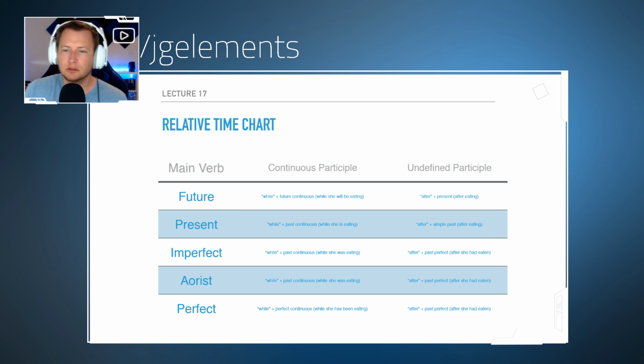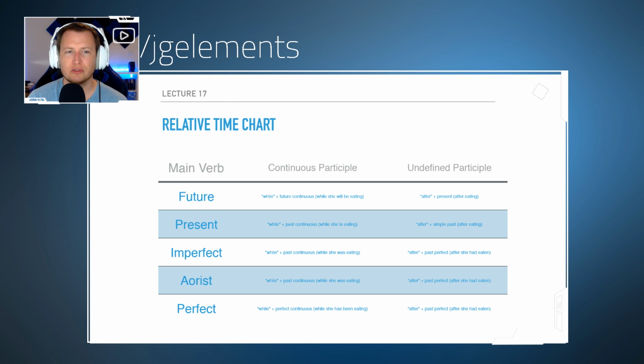So the present with an undefined participle would be after and simple past. After eating. Imperfect would be past perfect. So after she had eaten. The aorist would be the same. After she had eaten. And perfect would be past perfect, after she had eaten.